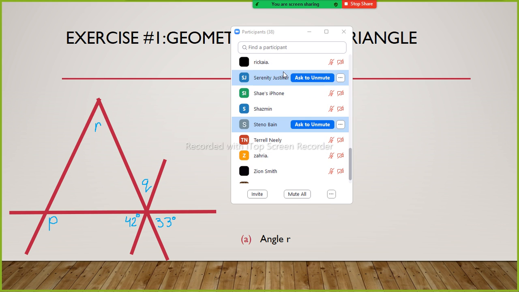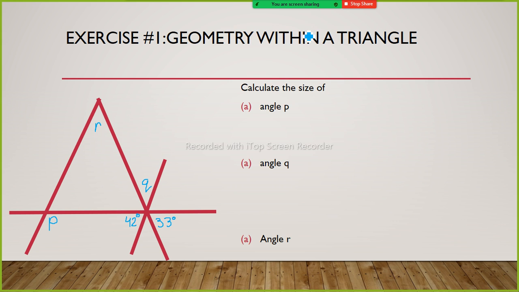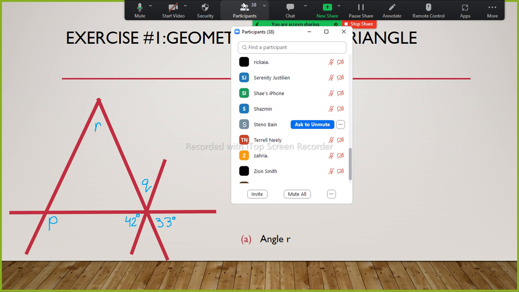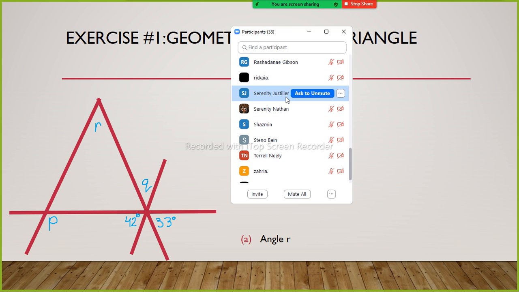Shay. Yes, sir. Yesterday you were in there, right? No, sir. Okay, what happened? I just forgot. Okay. Remember we have class on Monday, Tuesday, Wednesday, and Thursday. Those are the 4 days. I don't have your number, or do I?